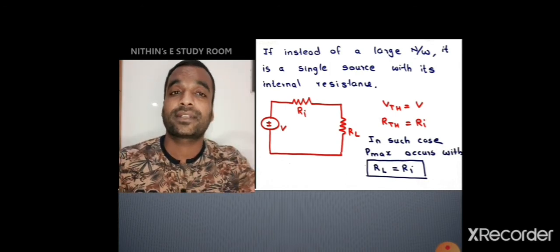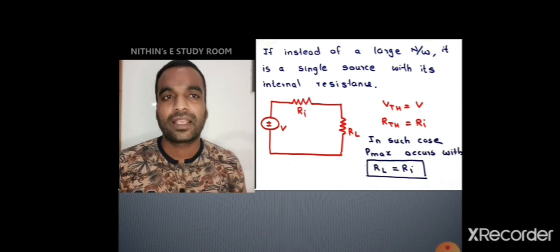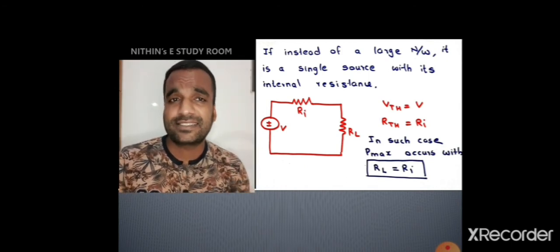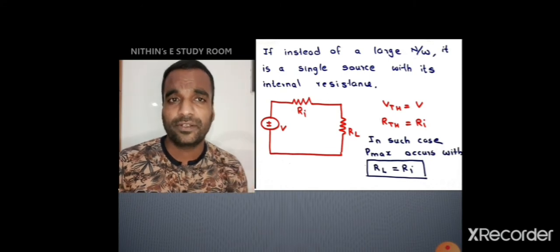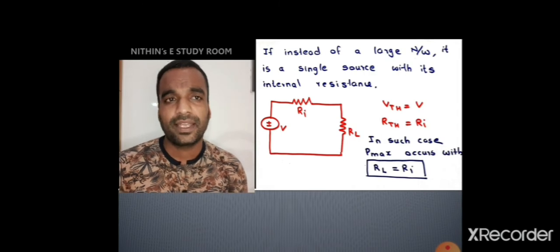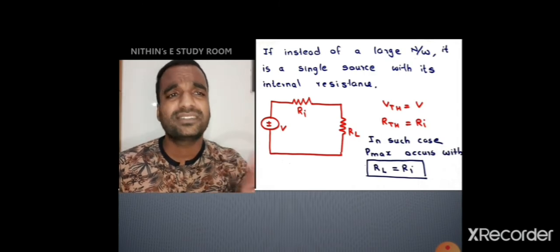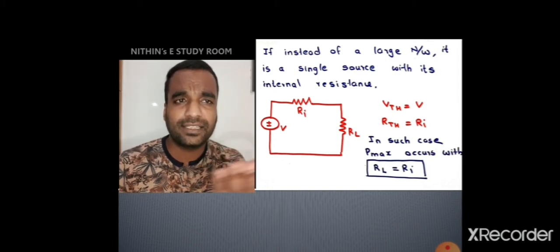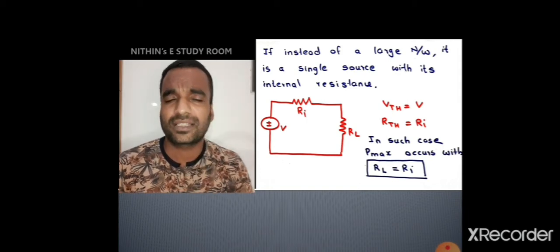If it is a complicated network, we will say RL should be equal to R Thevenin. And if it is a simple voltage source and its load, we can say RL should be equal to source resistance. Anyhow, how did this conclusion come to your slide, RL is equal to Ri or RL is equal to R Thevenin?